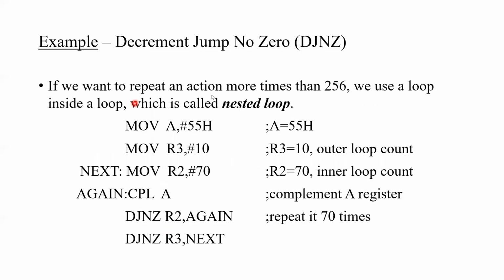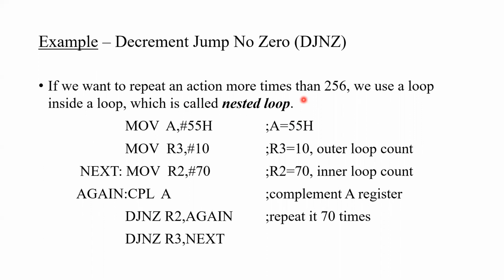Now one more example on decrement jump if not zero. In the previous example, if I set the R2 value as FFH, the loop was executing 255 times.